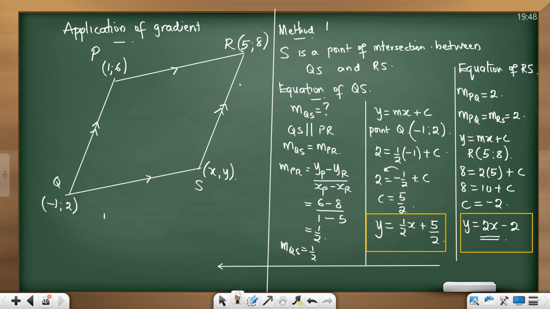So what do we do? We equate 1 over 2x plus 5 over 2 equals 2x minus 2. Please get me a value for x. Let's do the maths. We move all the x to one side, we move all the y to one side. I just need an answer for x.